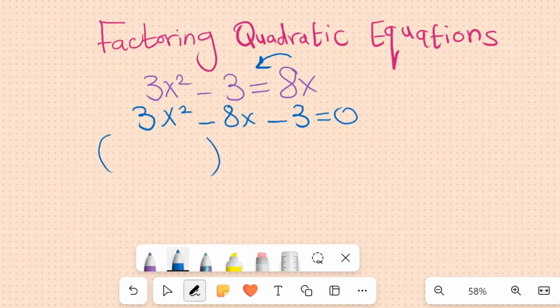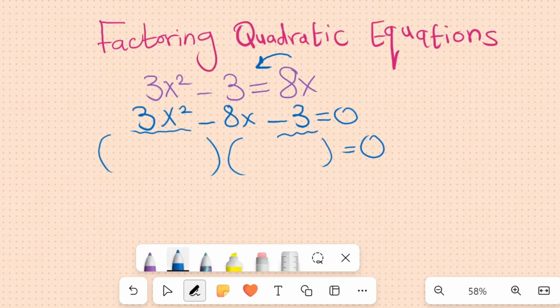And now we're going to open two brackets and equal that to 0. And we're going to factor the 3x squared and the negative 3.